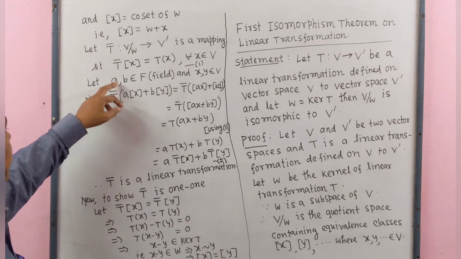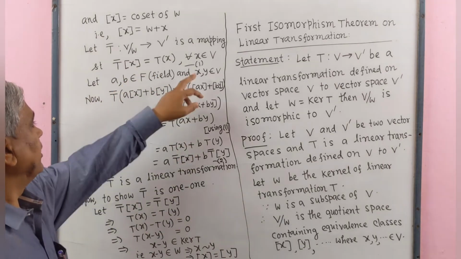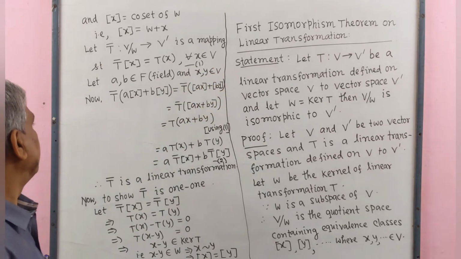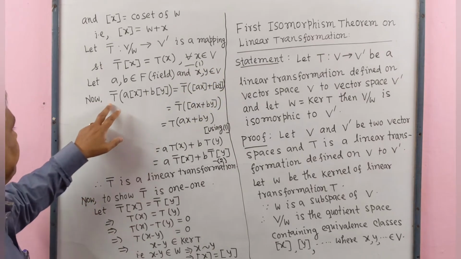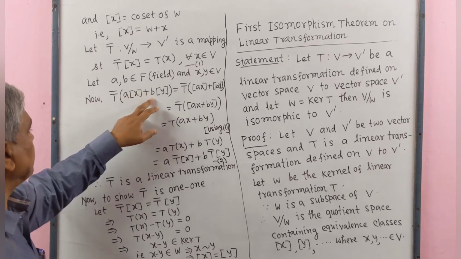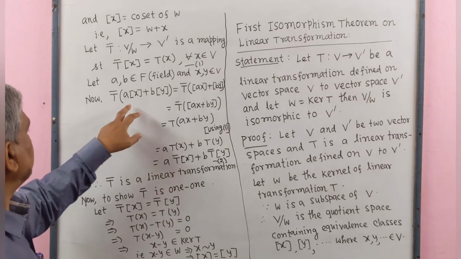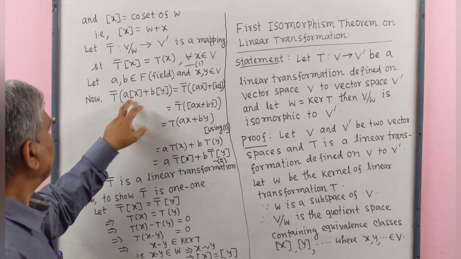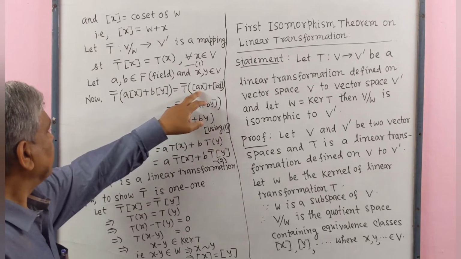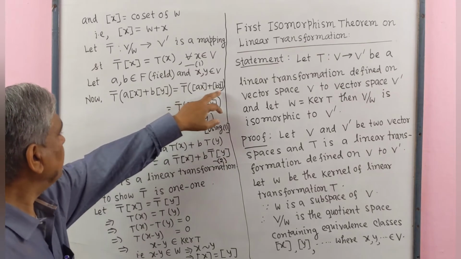Let A, B belong to field F and X, Y belong to vector space V. Now T bar of A class X plus B class Y equal to T bar of class AX plus class BY.